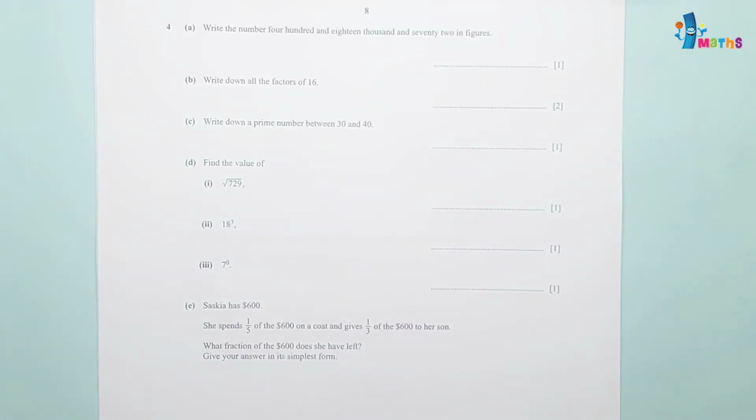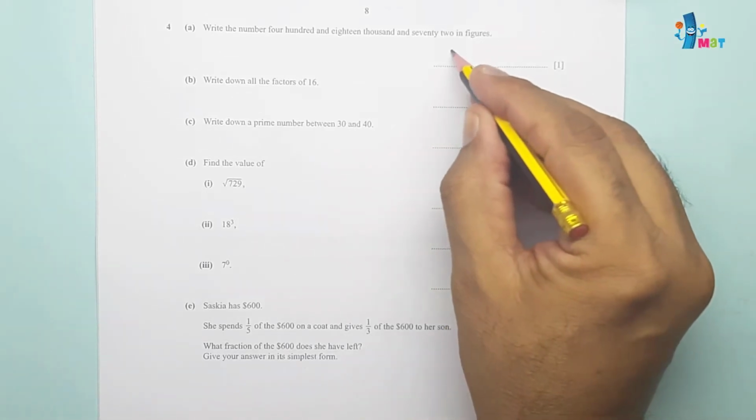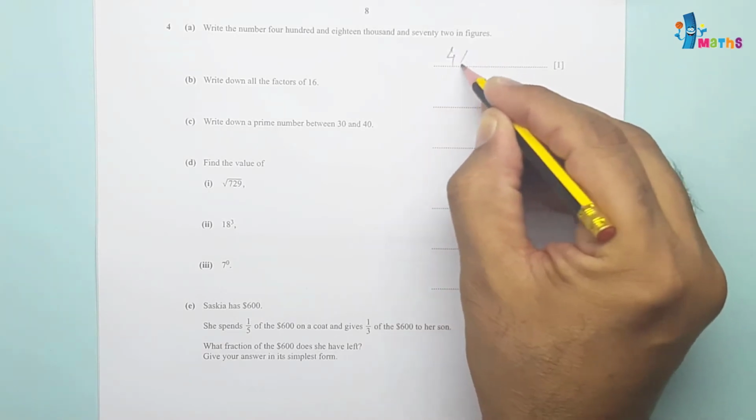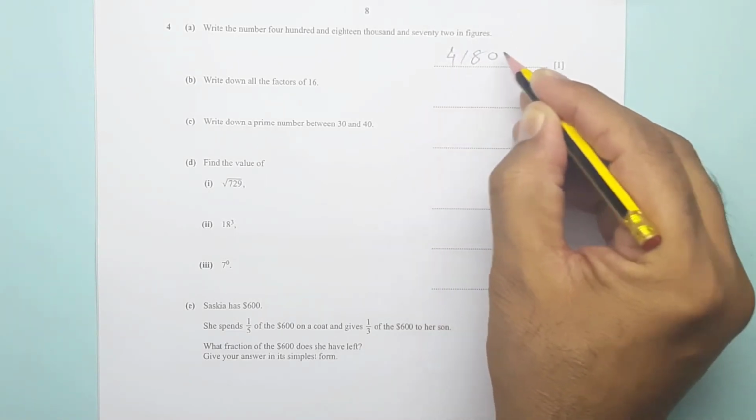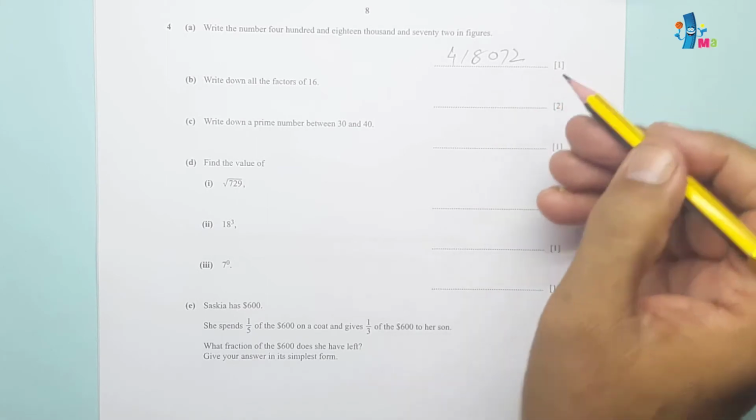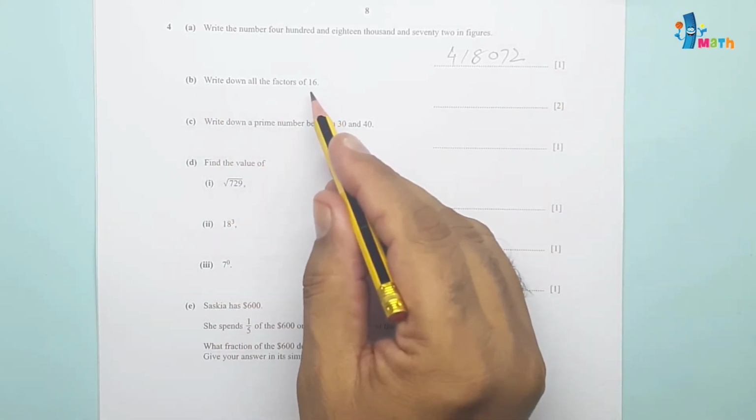Question number 4. Write the number 418,072 in figures. And write down all the factors of 16.